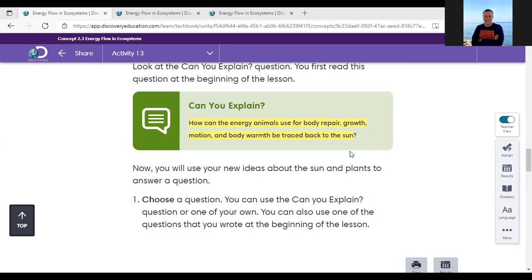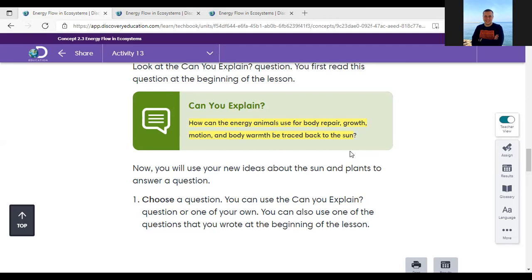This never happens, and we never studied something like this. The meaning of traced back to the sun means how can you tell that the energy in our bodies, for example, its main source came from the sun? How can we tell that the energy in the animal's body came from the sun?